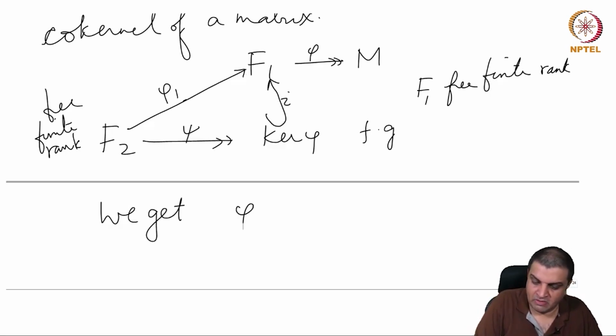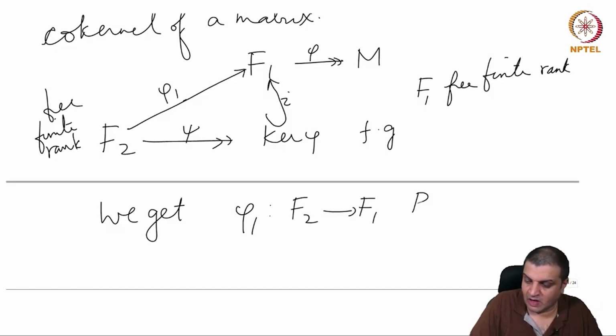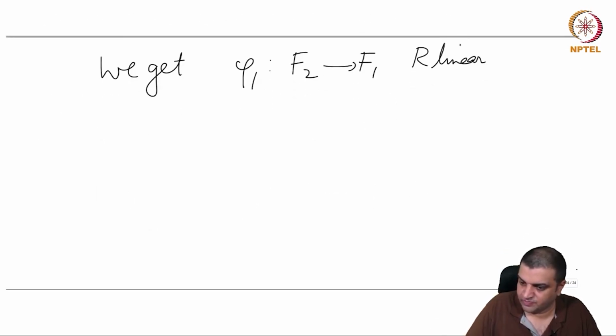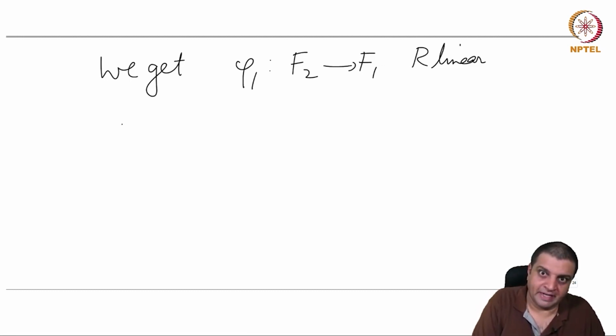So we get a map psi1 from F2 to F1. This is R-linear, which you should check. These are free modules of finite rank.